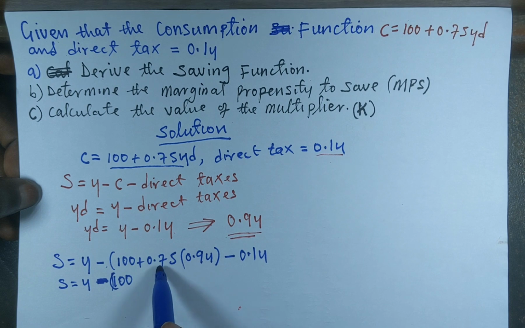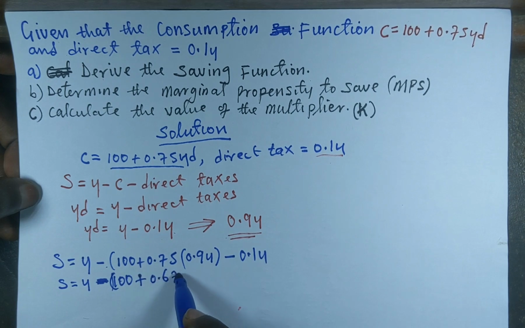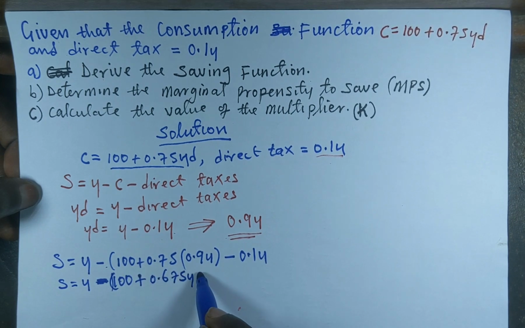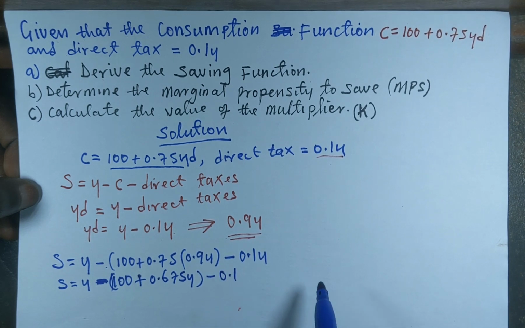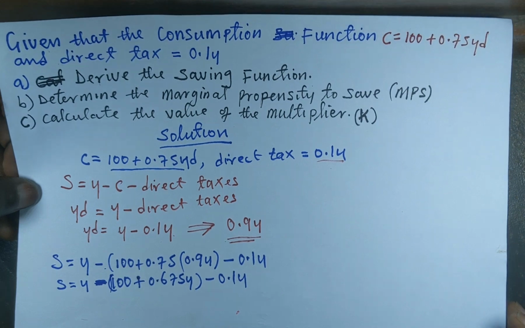Let's multiply the bracket, 0.75 multiplied by 0.9. We're still working with the consumption function. So we are going to have 0.675Y, all that minus 0.1Y.